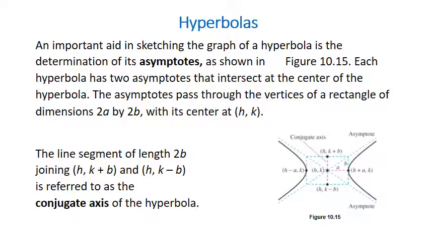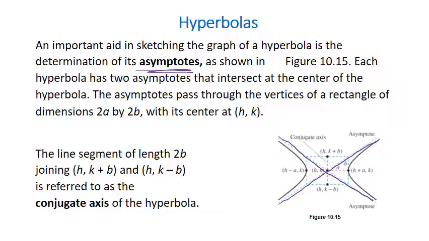One thing that is different about hyperbolas is that they have asymptotes, and the asymptotes kind of determine what those branches look like. So the asymptotes are these guys here. They go through the center, and they kind of help identify the shape of those branches.